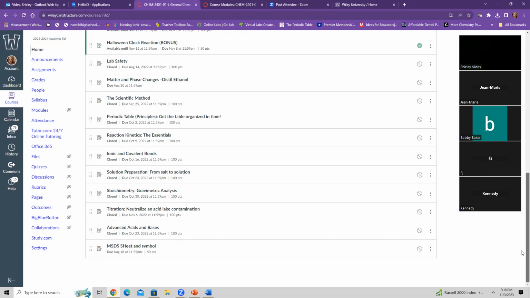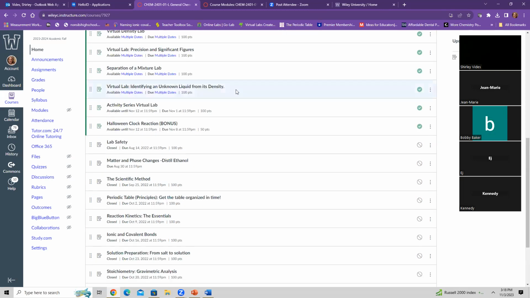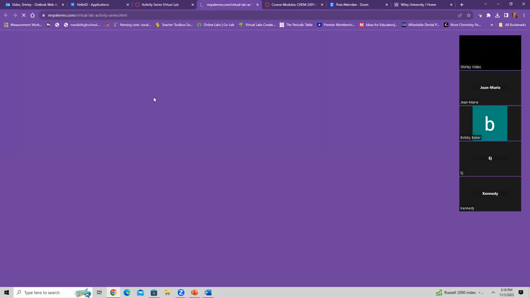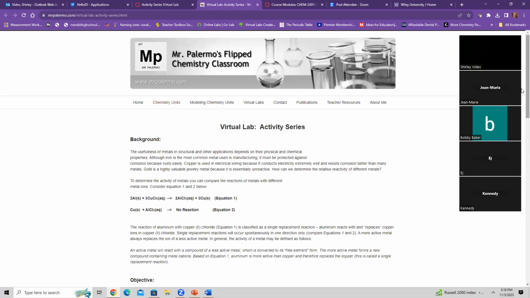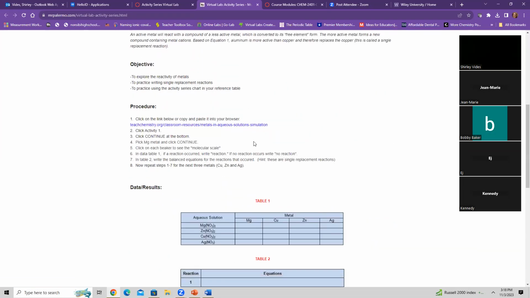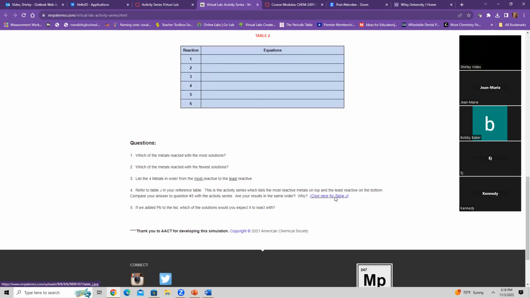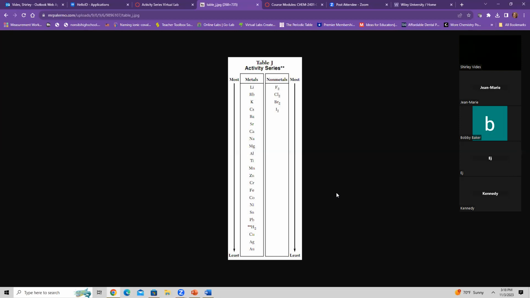Okay, this is the one that I was talking about, the activity series virtual lab. When you go into it, you will see that there's a link that tells you to go and check if this is the right order, table J. That's the one right there.